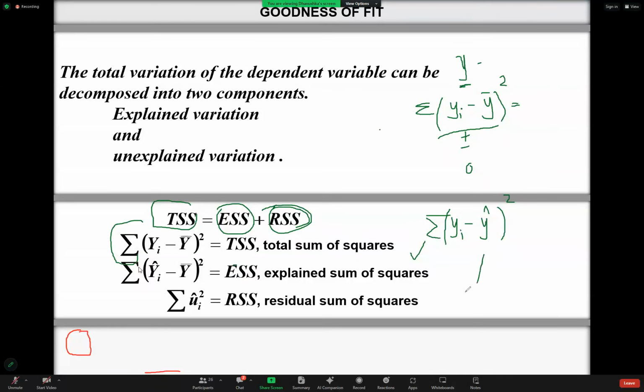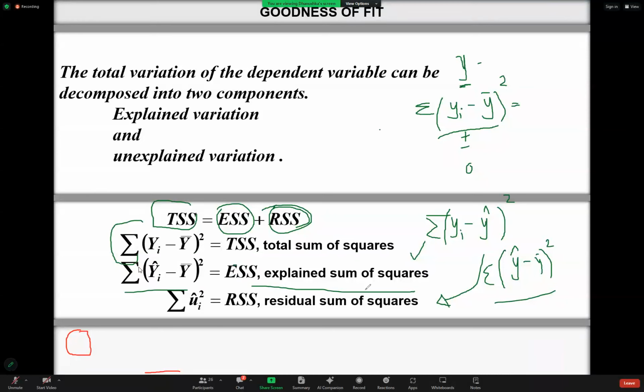This we call residual sum of square. Then what is the explain sum of square? It is equal to y hat minus y bar, the square of it, and you get the summation of this.